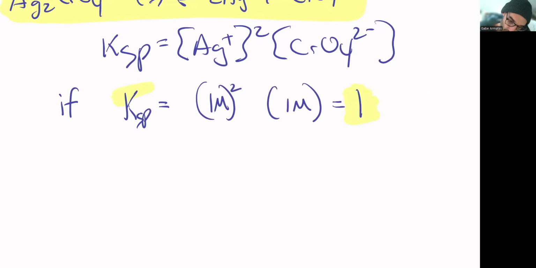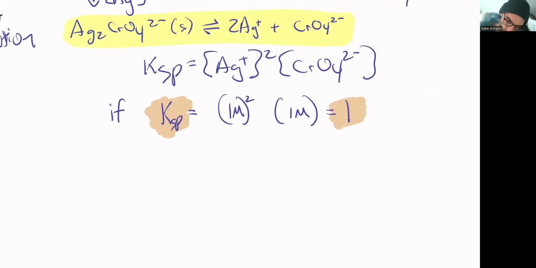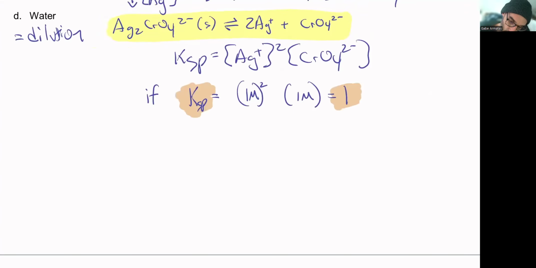That is the assumption, or the setup we're going to have. Ultimately, I don't really care what the K is as long as we have it in reference to something. So what is Q once I add this water?